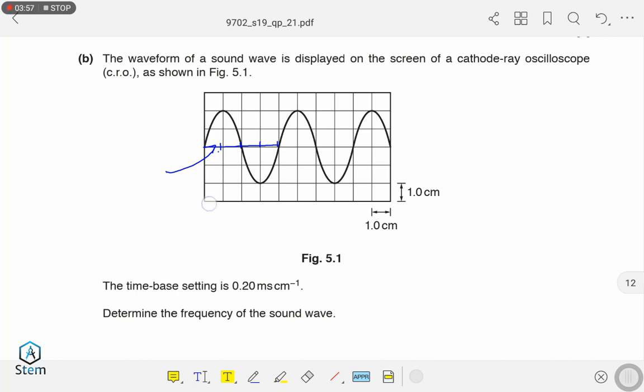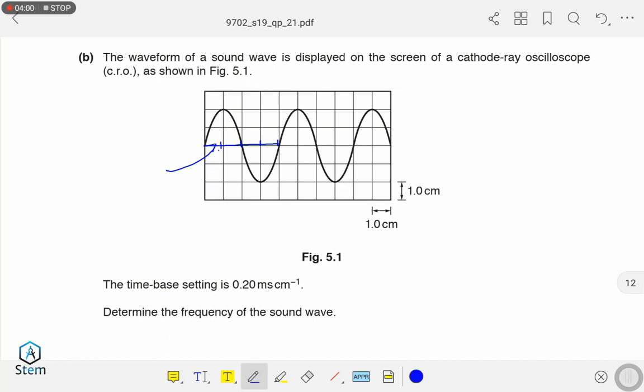So here on the x-axis, every centimeter is equivalent to 0.20 milliseconds. That is what our time-based setting is telling us.